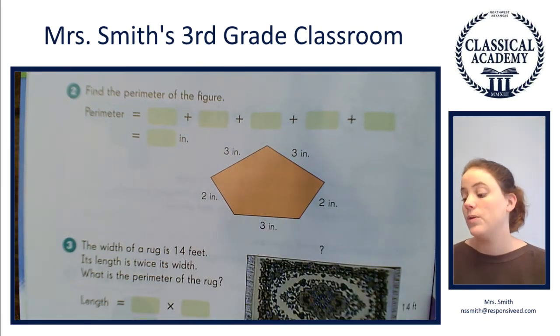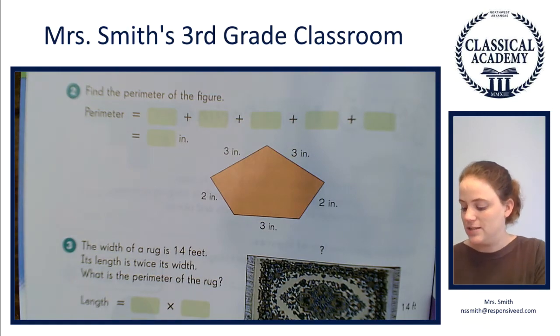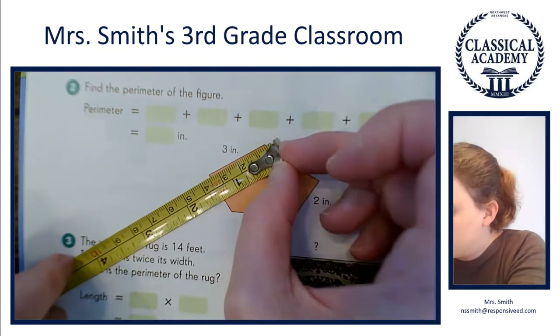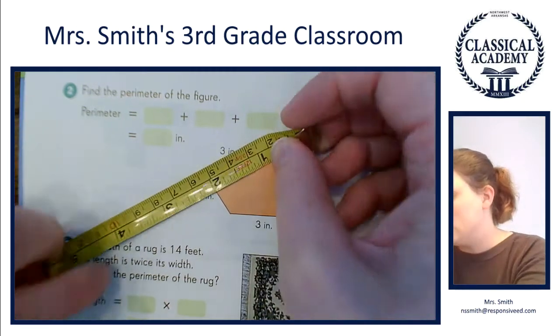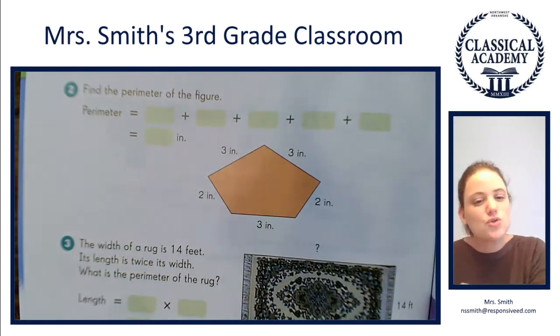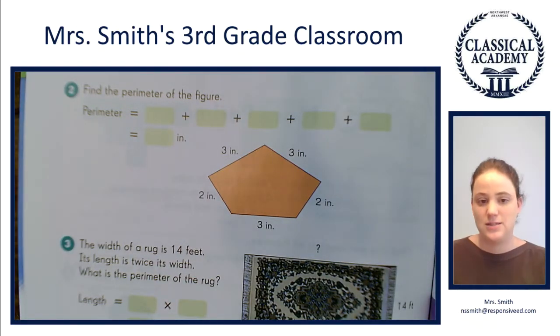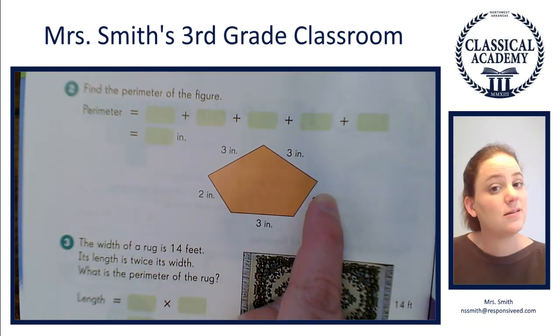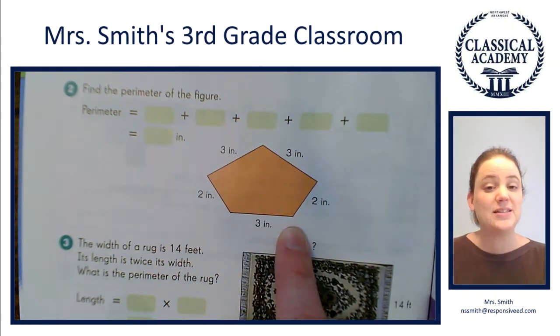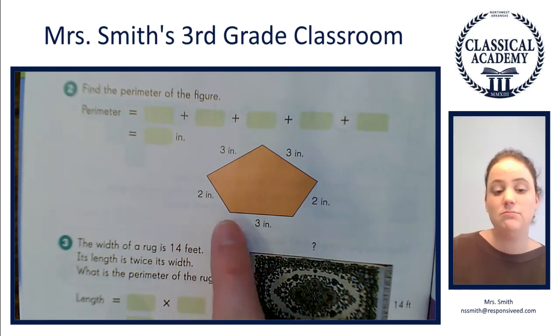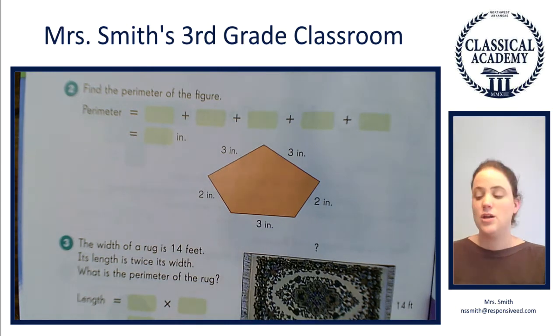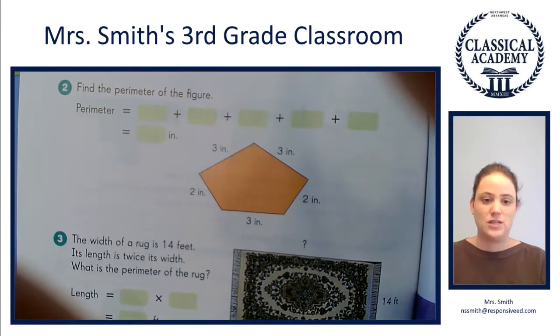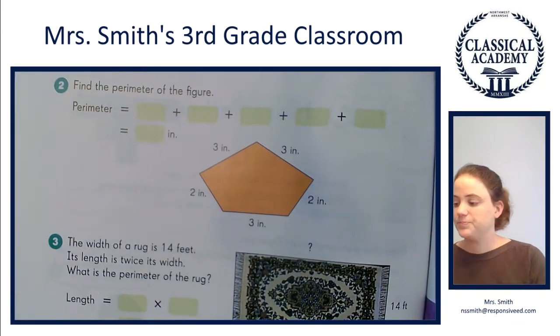If you look, this is not 3 inches. That's closer to 3 centimeters. 3 inches would be much, much bigger. So it's just representing that distance. 3 plus 3 is 6, plus 2 is 8, plus another 2 is 10, plus 3 is 13. The perimeter of this figure is 13 inches.